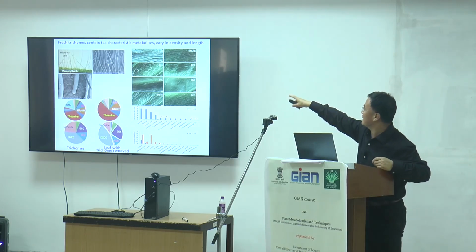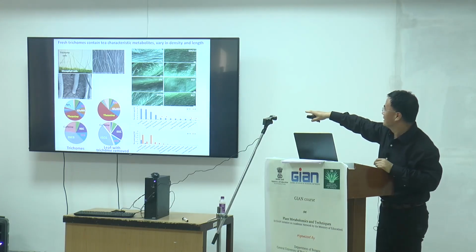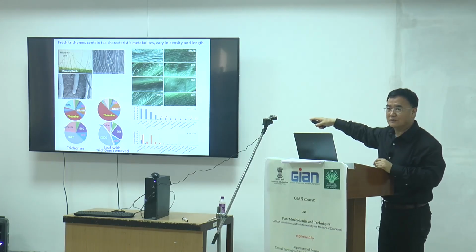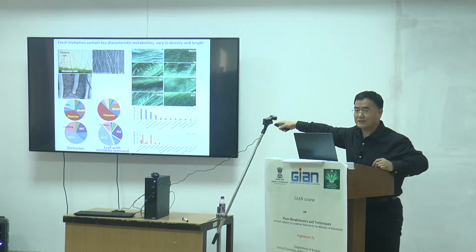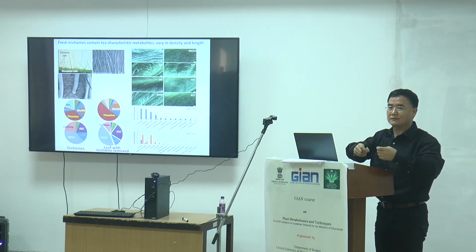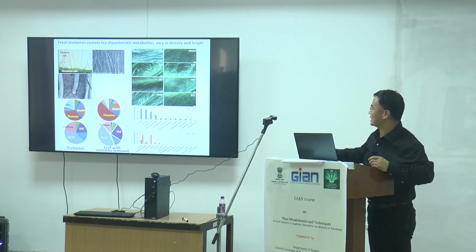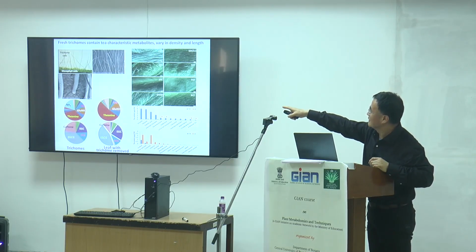Different plants, different cultivars have different densities of trichome. The previous slide showed dry tea with more trichome or less trichome. We also used the scanning electron microscope to show the stomata and also trichome developed from the epidermal cells.